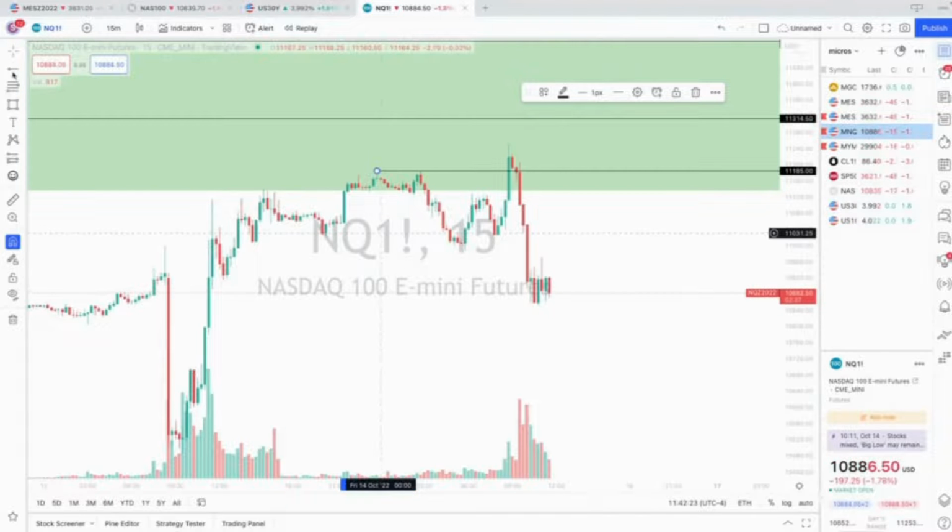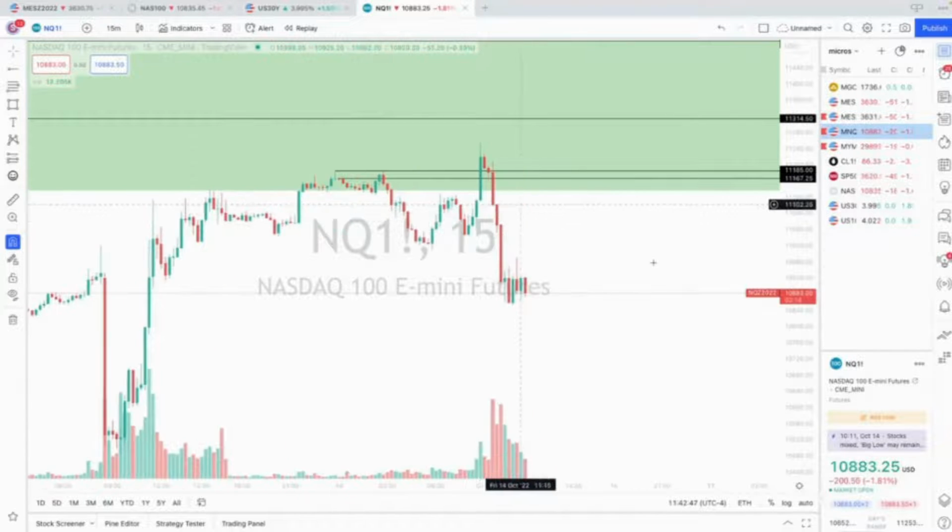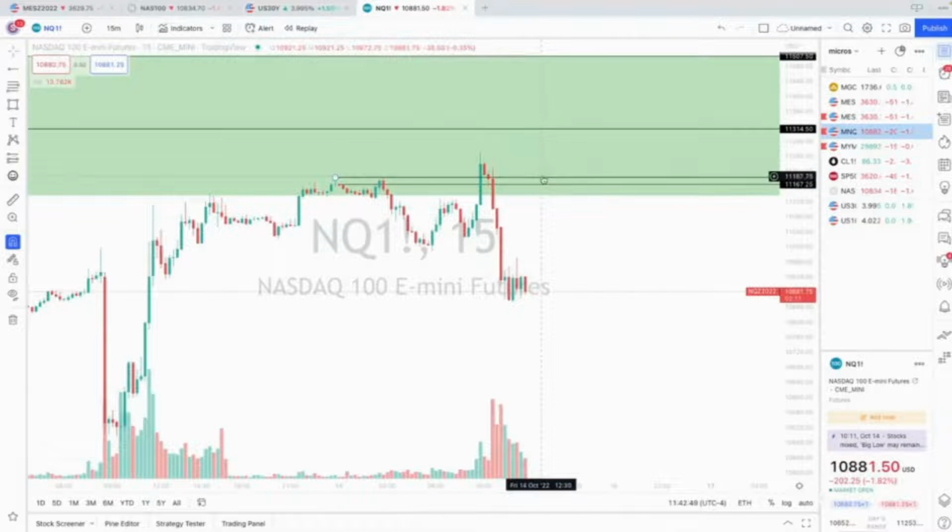And if we look just to the right of that same level, we've got the midnight open right just below where buy side liquidity starts. So midnight open is going to be 11,167.25 and the buy side liquidity is right there at 11,185. And I would mark those out, but just spare the time.